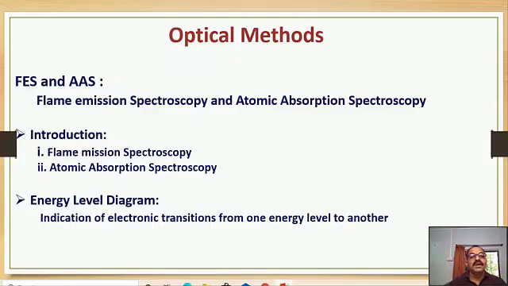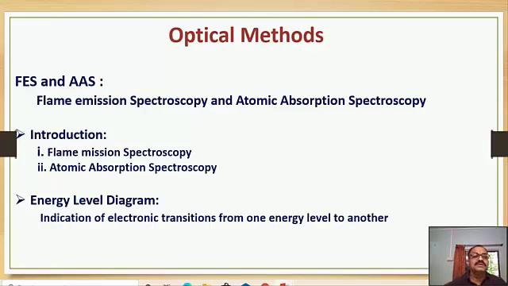Now, what do you mean by atomic spectroscopy? Let us see. When an atom is provided with thermal energy, the electrons of the atom get excited from a lower lying energy level to a higher energy level. So we would say the atom undergoes excitation. Now this excited electron comes back to the ground state or lower lying energy level by emission of radiant energy.